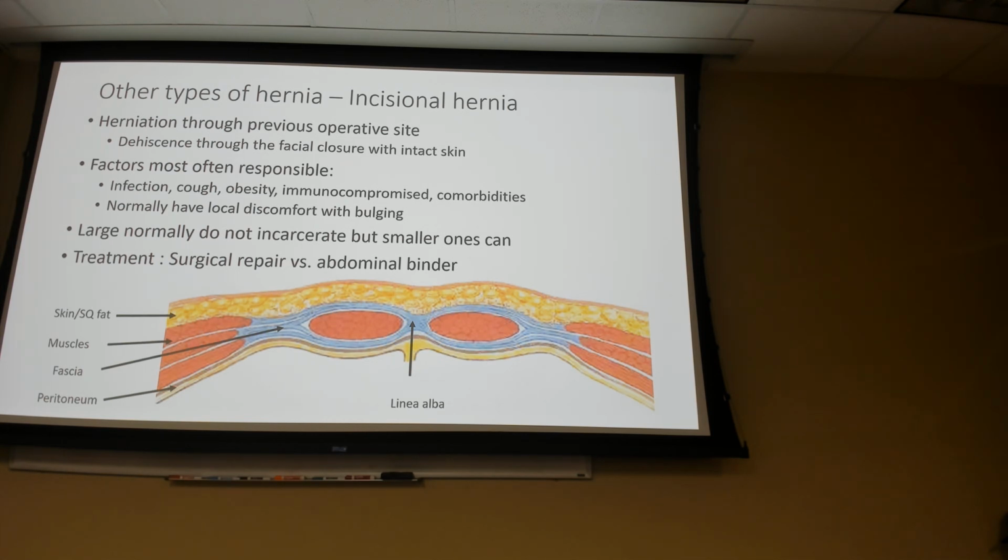Any sort of increased pressure like cough, obesity, comorbidities, immunocompromised. And they'll usually complain of a bulge and then some sort of local discomfort in the area. If we see salmon colored fluid or any signs of infection in the post-op period, then we need to open that back up and possibly take them back to the operating room for washout and repair.